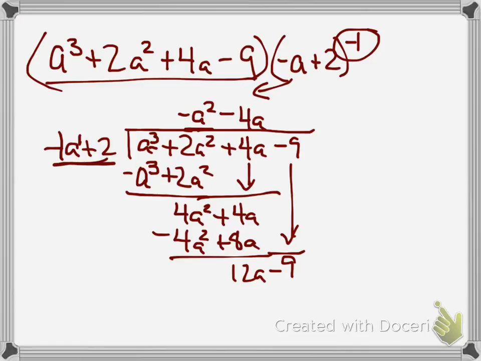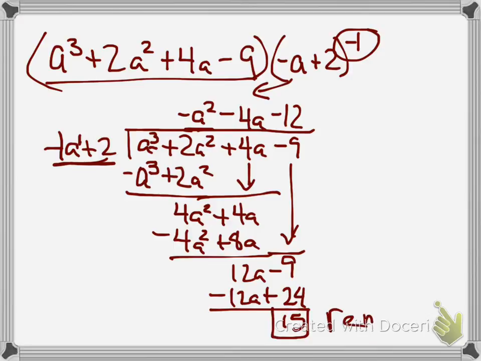Notice how I'm bringing down the 9. Multiply by negative 12 to get 12a minus 24. Change the signs, and now you've got 15. So now my answer is negative a squared minus 4a minus 12 with a remainder. This is the remainder of 15. See, sometimes you can have remainders.